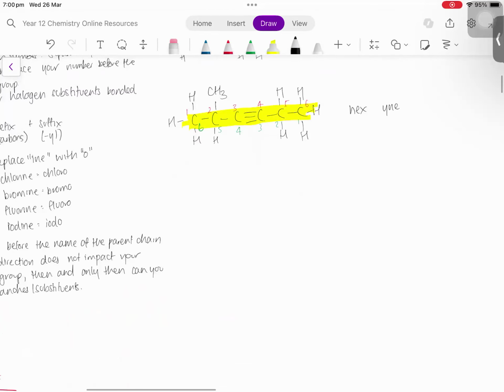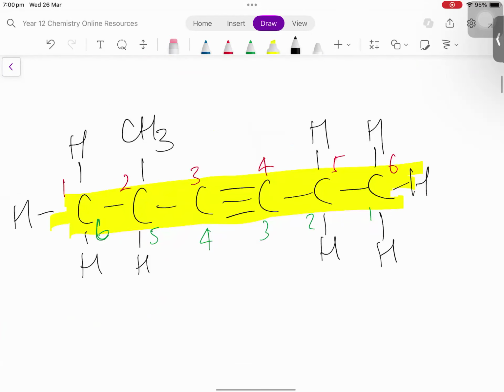So I'm going to go back to this. Do you guys see any carbons outside the 6 that I've highlighted? Yes, okay. There's this carbon with an H3 over here. So it doesn't matter for my triple bond which way I number. So now I can start worrying about the CH3. If it did matter, the CH3 would just get whatever number it needed to get.